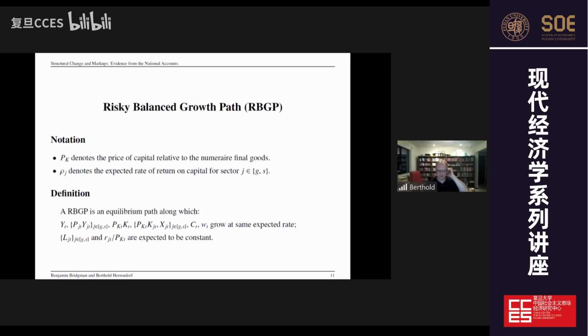And the capital allocation is constant, and the rental rate in appropriate units is constant as well. So it's a standard balanced growth path with this disaster risk sneaked in so that you get a risk premium, but everything else you can solve.